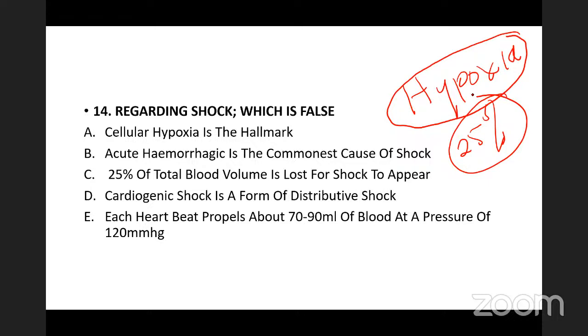What are the distributive shocks? Anaphylactic shock, neurogenic shock, and septic shock. These result in peripheral vasodilatation of capacitance vessels. So cardiogenic shock is not a form of distributive shock. Each heartbeat propels about 70 to 90 mL of blood at a pressure of 120 millimeters of mercury. That is correct.